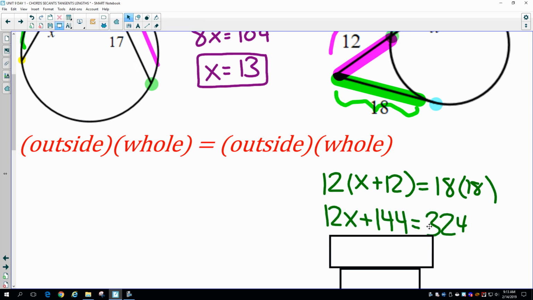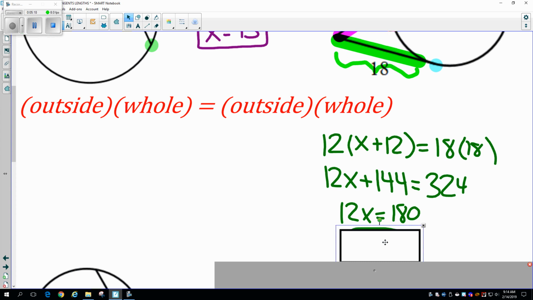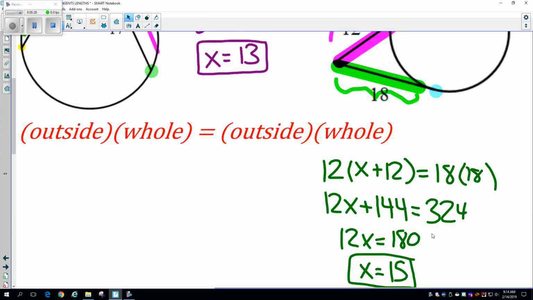And now I just have to distribute and solve. So make sure you distribute 12 times x, 12 times 12. And when we solve, we find out that that piece is 15 long.